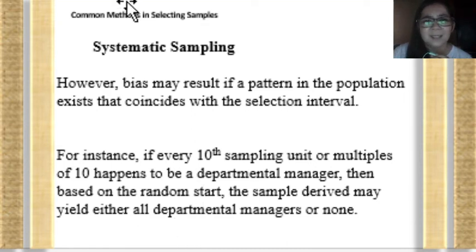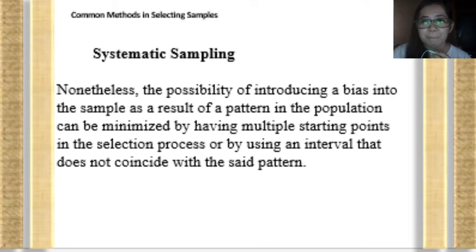But the auditor will have to do something about it to make sure that this sample will represent the population. Nonetheless, the possibility of introducing a bias into the sample as a result of a pattern can be minimized.